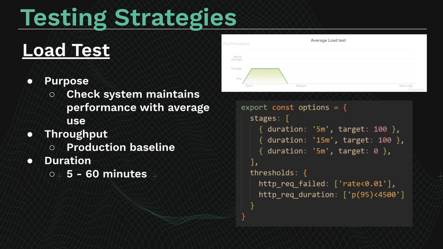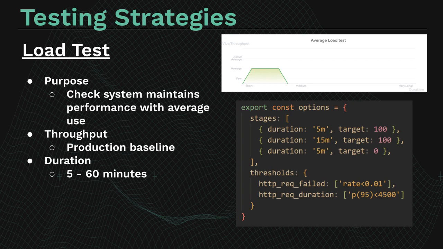Getting into the real strategies, we have an actual load test, and this is to make sure your system can handle some amount of traffic. You should use any benchmarks you have for the average amount of load that your server sees. We should use something like that. And we're going to do a gentle ramp up. We're going to keep the number of concurrent users high, at production average, for anywhere from 5 to 60 minutes.